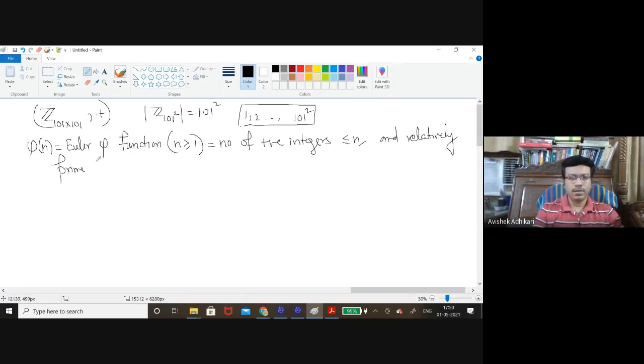That means those numbers x within the range 1 less than or equal to x less than or equal to n, such that GCD of x and n equals 1. We are actually trying to find that many numbers which are relatively prime with 101 square. So here n is my 101 square.